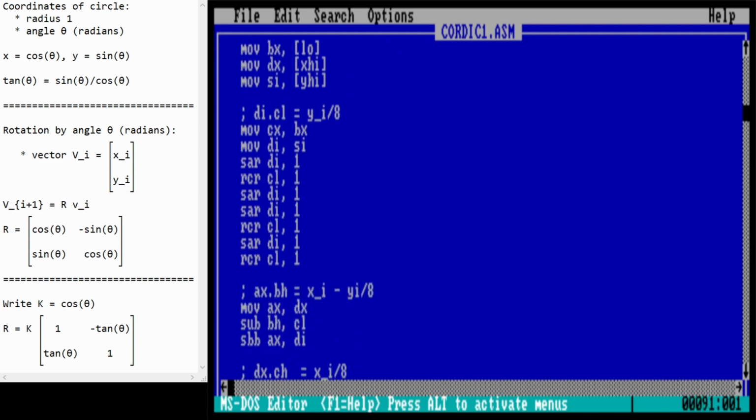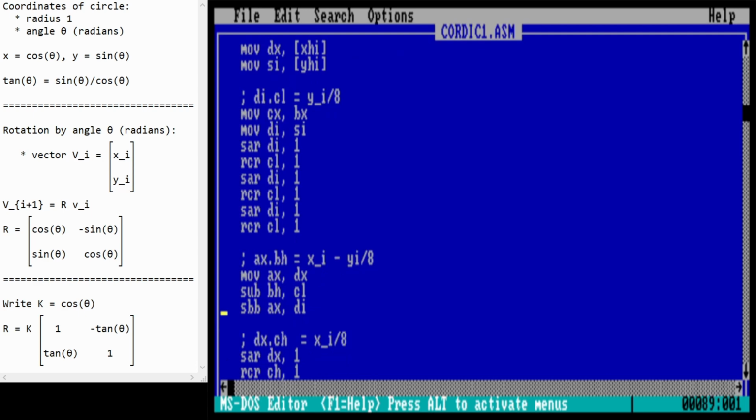So now we're actually in a position to compute xi minus yi on 8, which is really what that top line of the matrix is telling us to do. And so this is just a subtraction, and of course it's a 24-bit subtraction, so we just subtract the bottom bytes, and of course there could be a borrow, and so we have to use a subtract with borrow for the top 16 bits of the subtraction, instead of just using an ordinary sub.